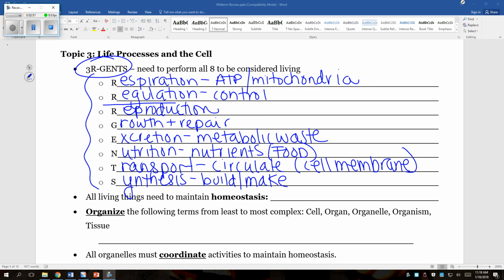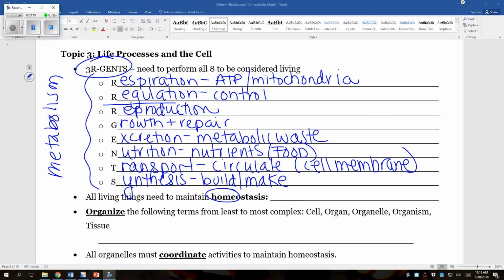All of these together, all the 8 life functions, that's going to be your metabolism. So in order to be considered living, you have to be capable of doing all 8 of those terms, the 3R gents.